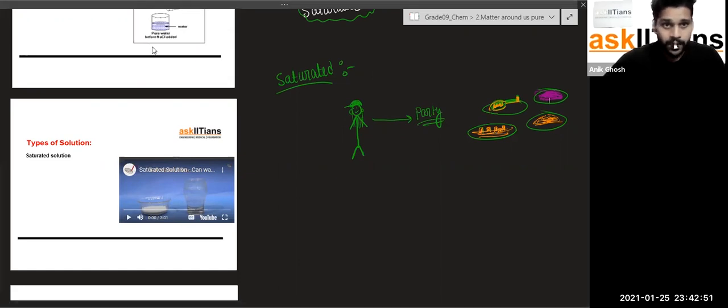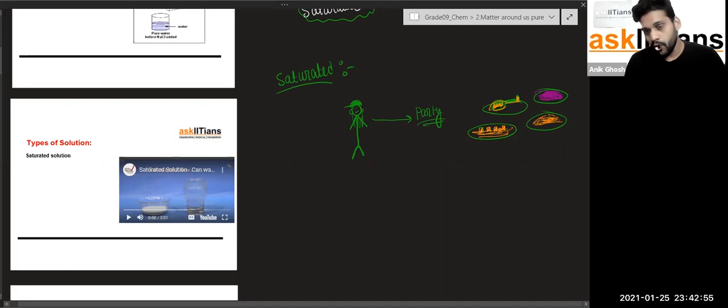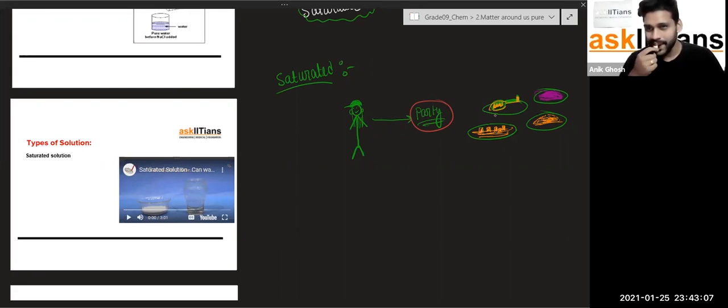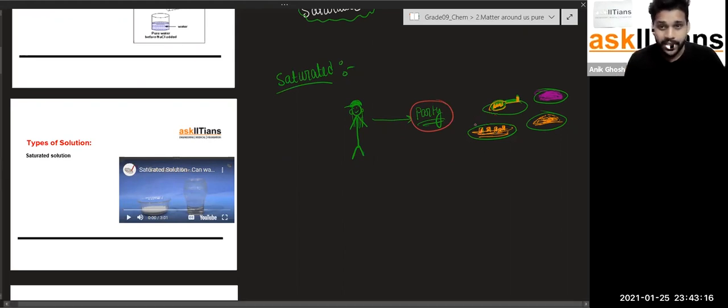The thing is, if you go to a party like that, all these dishes are so tasty, and we would try to grab all of it and have all of it. But we have a particular limit to which we can eat, isn't it? Let's say you would eat all of this paneer and the entire chicken.